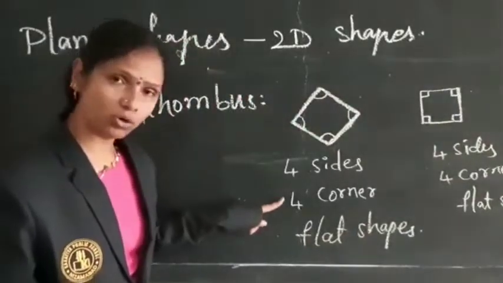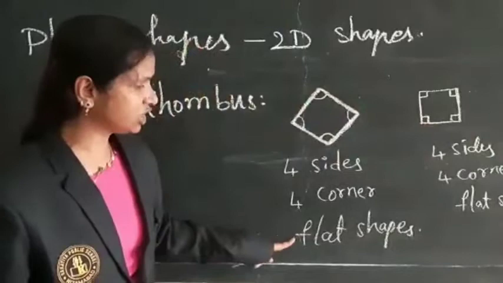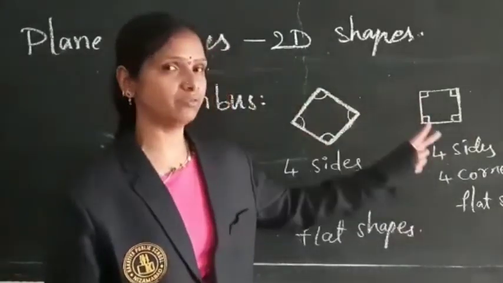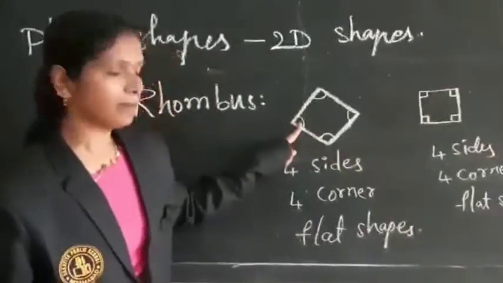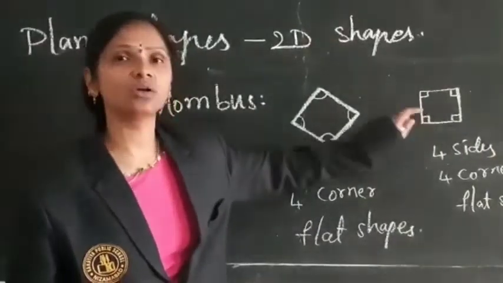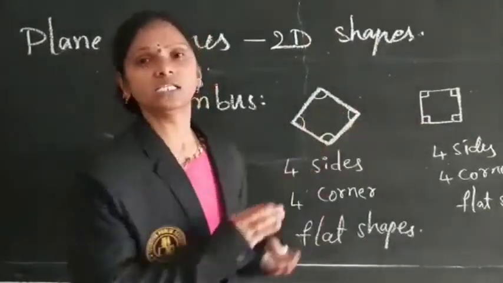A rhombus has four corners and a square has four corners, and both are flat shapes. But the difference is that a rhombus has different angles and a square has only 90 degree angles.